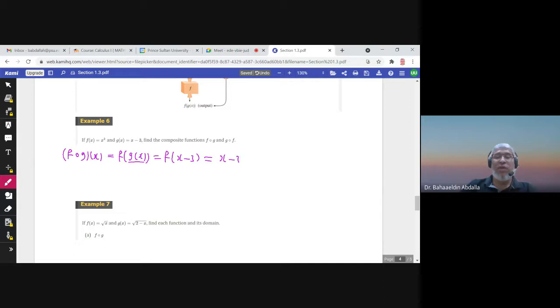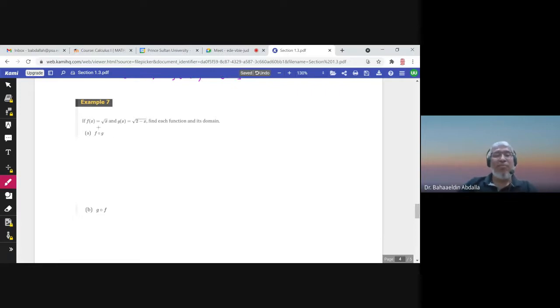So it would be x minus 3 to the power 2. While g circle f of x would be g of f of x. It would be g of, put f of x, put the definition, it's x squared, and then find g of x squared. How? Go to g and replace x by x squared. So it would be x squared minus 3.